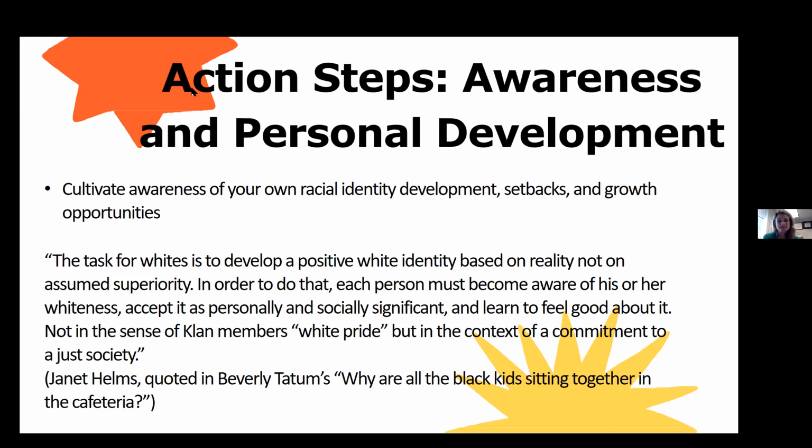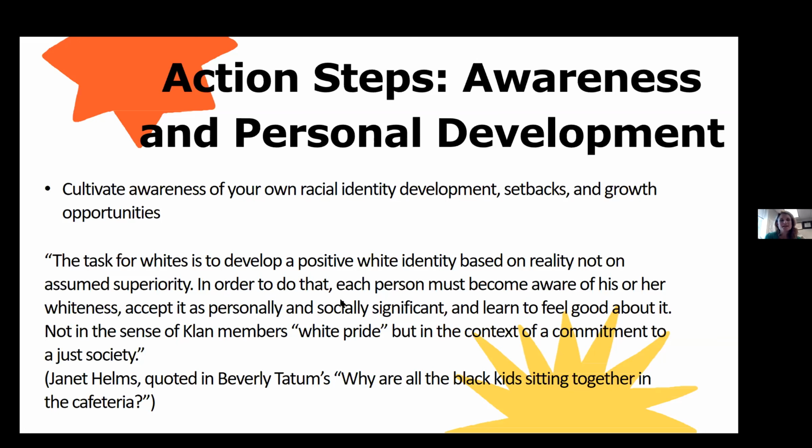And so really basing your identity in that reality and not in assumed superiority. And you have to acknowledge that it is significant, right? It's socially significant, it's personally significant, and learning to find a way to feel good about it, to feel empowered about it. And again, not in the sense of white pride, but really just in that commitment to a just society.